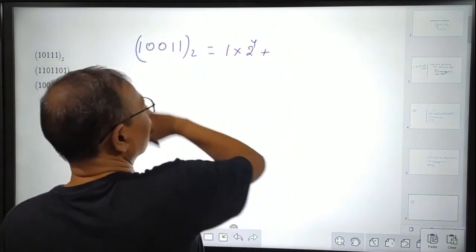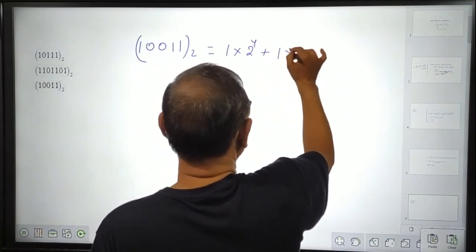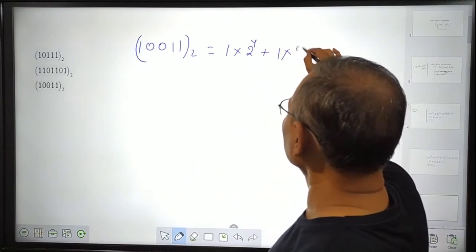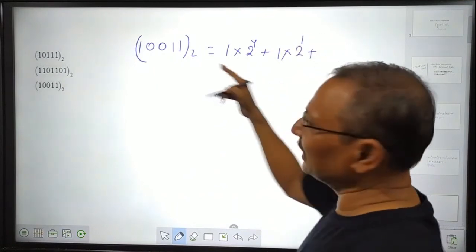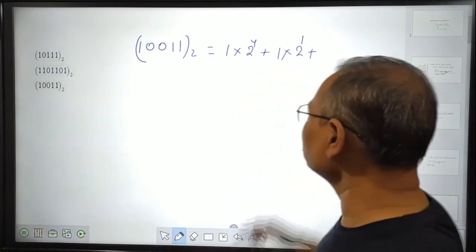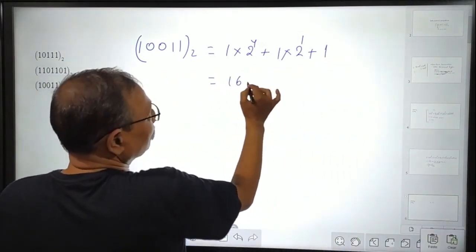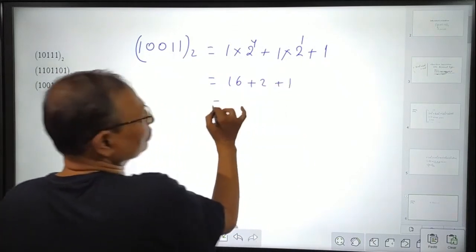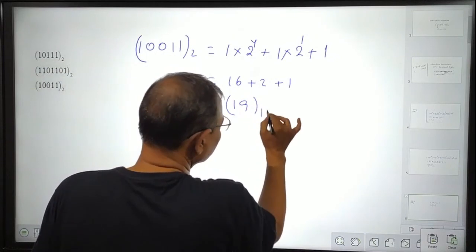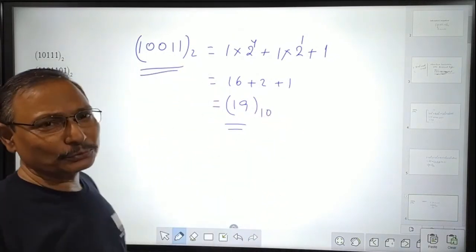Clearly these two will give us 0, so we do not need to write them. For the second one we can write 1 into 2 to the power 1, and this last one is to be multiplied by 2 to the power 0, that means 1. So simply write 1. So we have now 16 plus 2 plus 1, and so the answer is 19. So in the decimal system it is equivalent to 19.